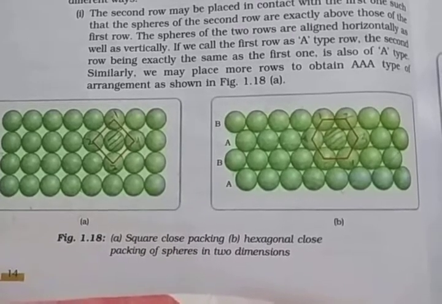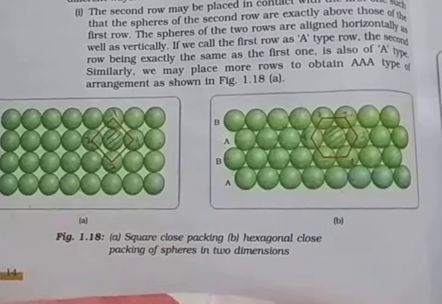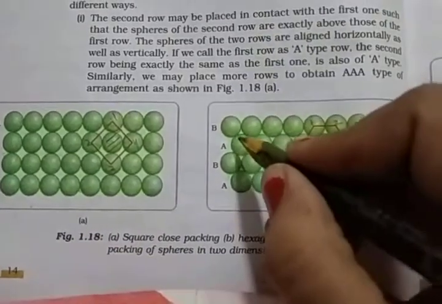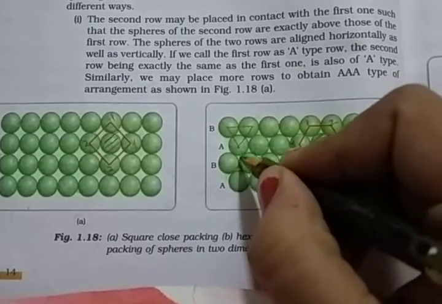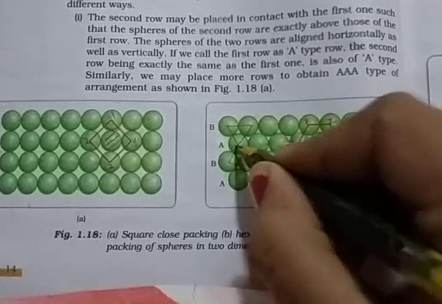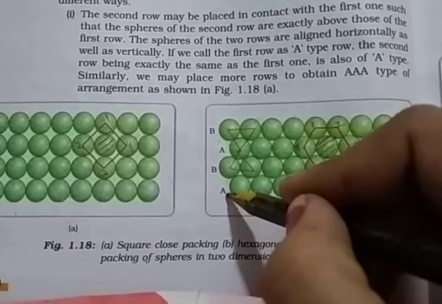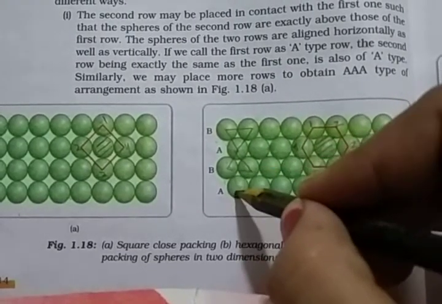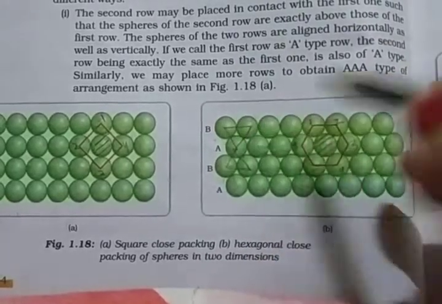In one row the apexes of the triangles point upwards and in the next row downwards. Clear? So first layer upwards, then second layer downwards, first layer upwards, then second layer downwards.